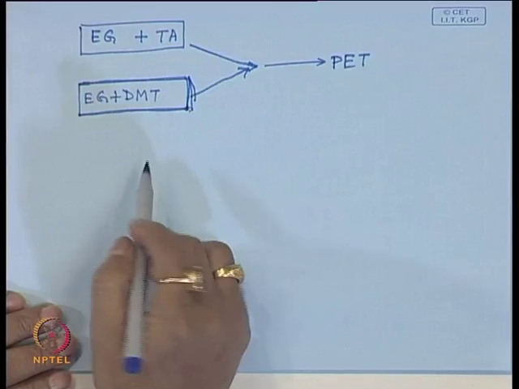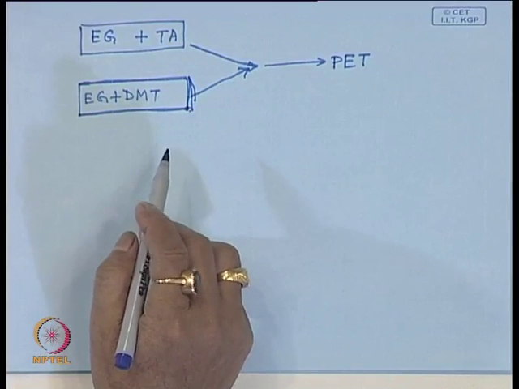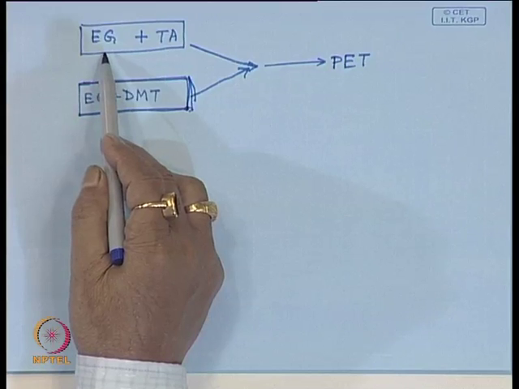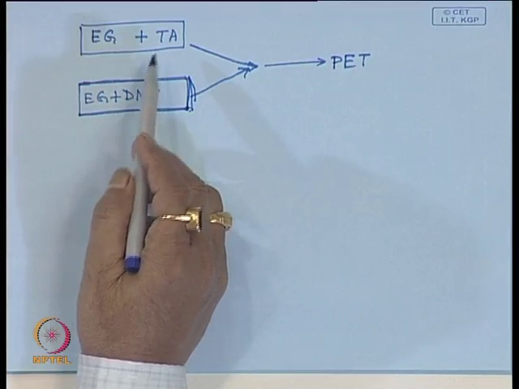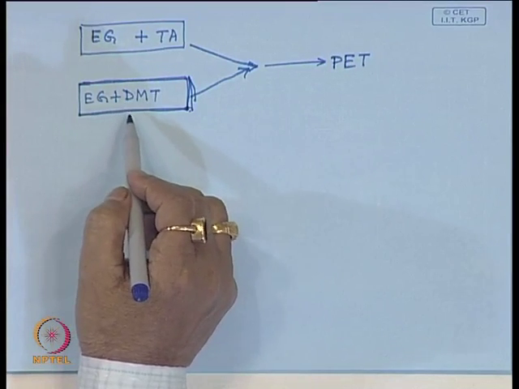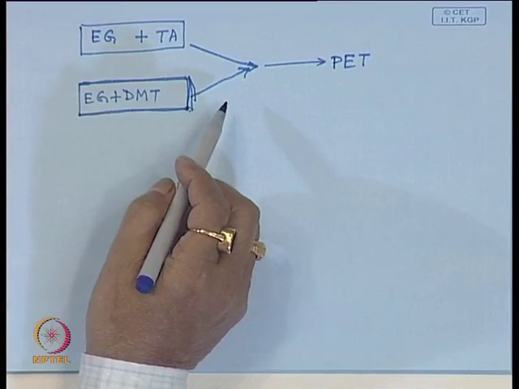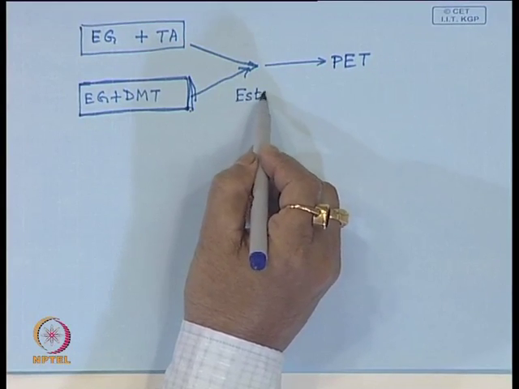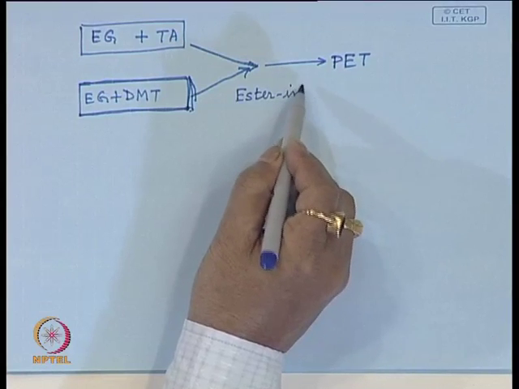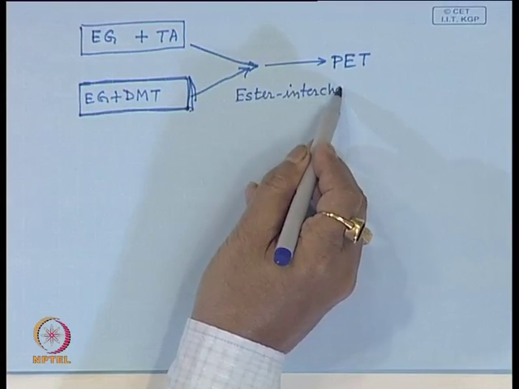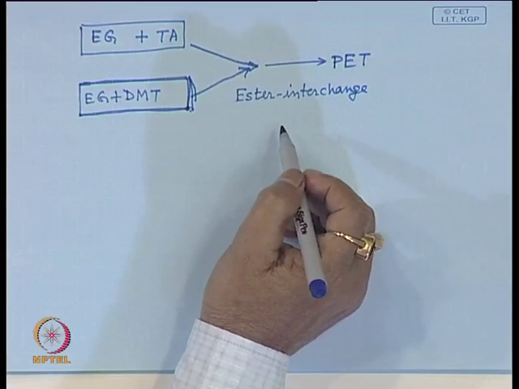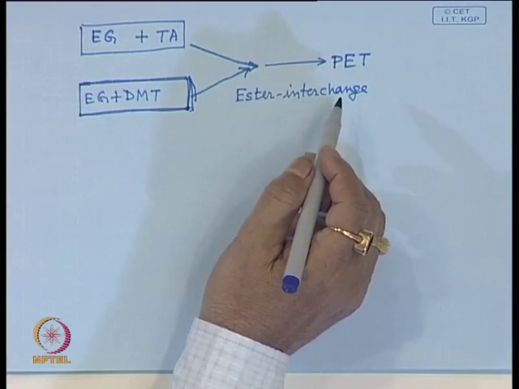Although when we study these polymerization principles, we just show that these reactants like ethylene glycol and terephthalic acid, or ethylene glycol and dimethyl terephthalate, are reacted, and by ester interchange principle, this polyethylene terephthalate is made.